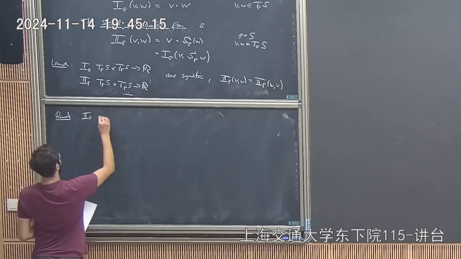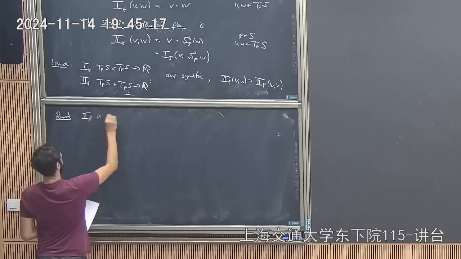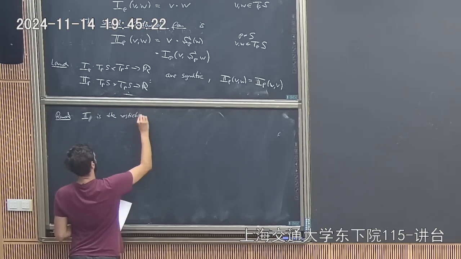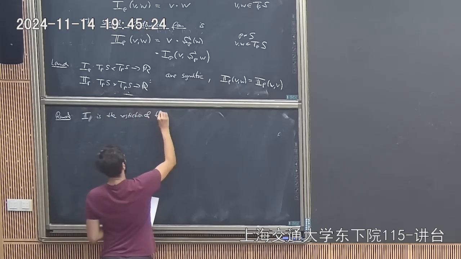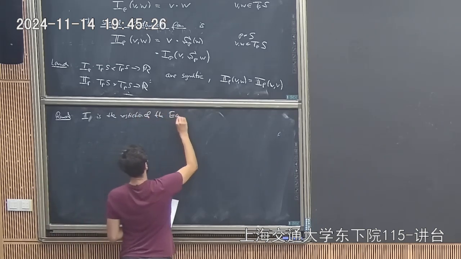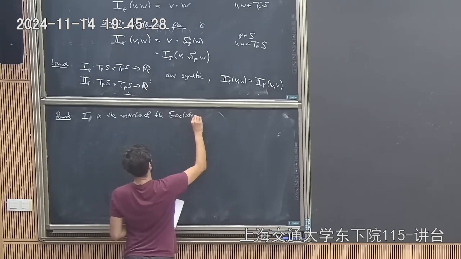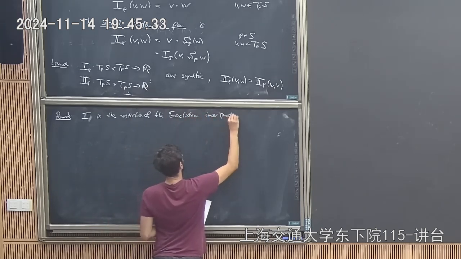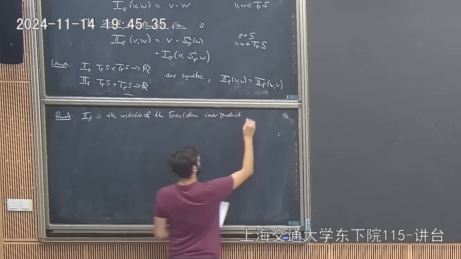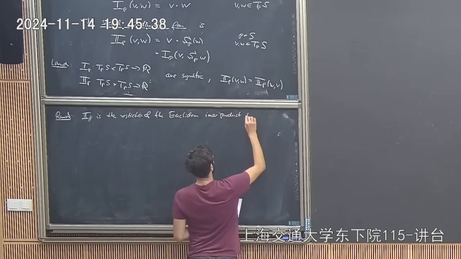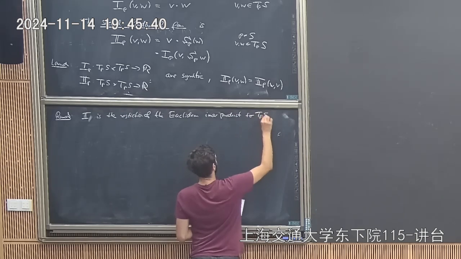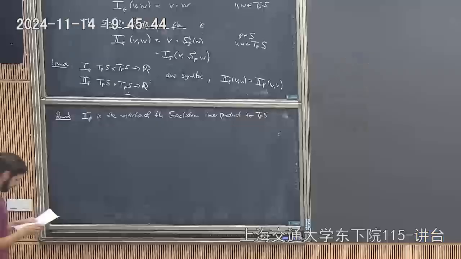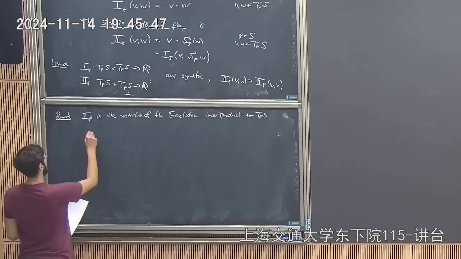The first fundamental form is the restriction of the Euclidean inner product to TpS, and as such it measures the metric properties.